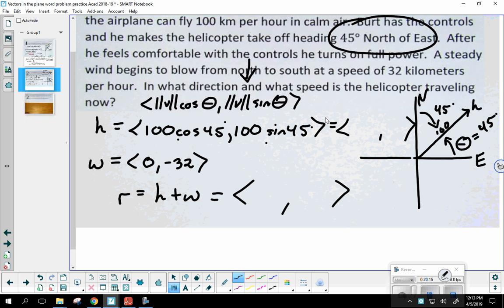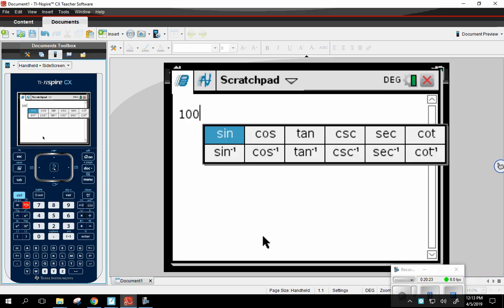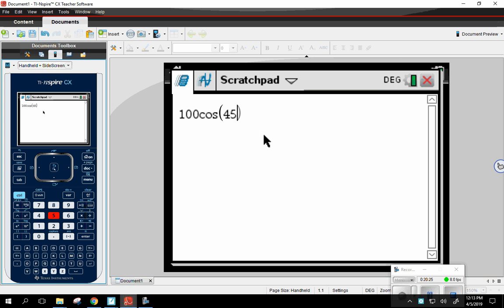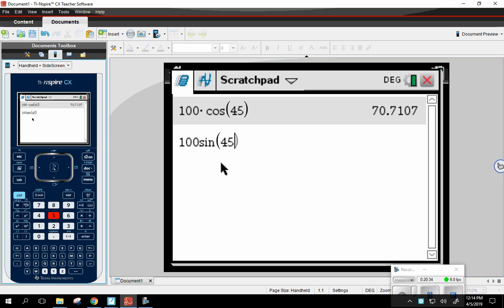Let's go ahead and first figure out what those decimal values are for the 100 cosine, 100 sine. So let's see here. 100 cosine 45. So I'm saying about 70.7. And then 100 sine of 45. So 70.7.